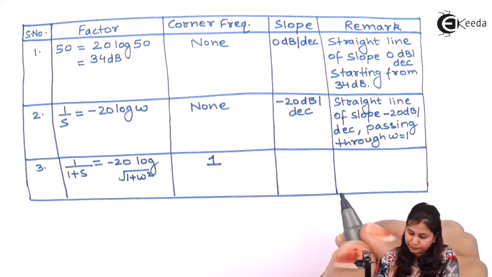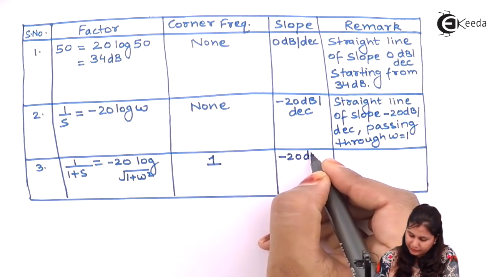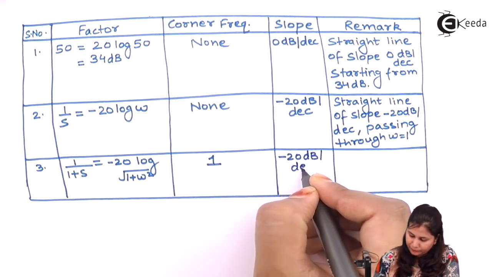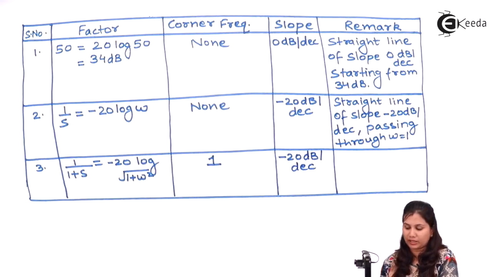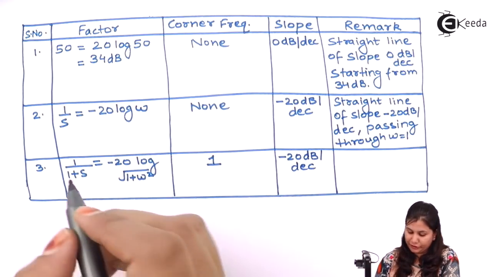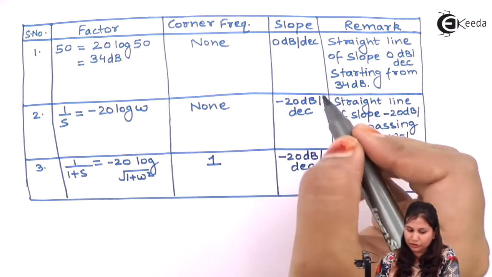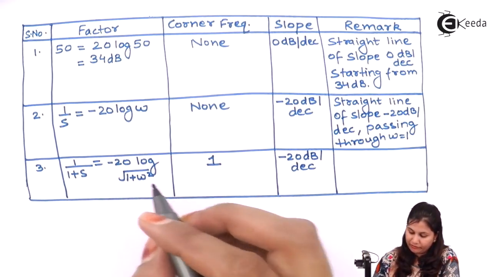Now slope will be minus 20 dBs per decade, because here the power of this 1 plus s is 1, so the slope will be minus 20 dB per decade. If the power will be 2, then the slope will be minus 40 dBs per decade. Okay, how we can represent this?